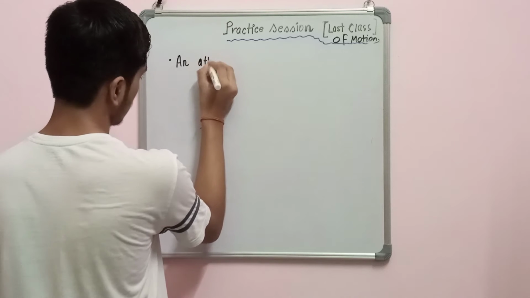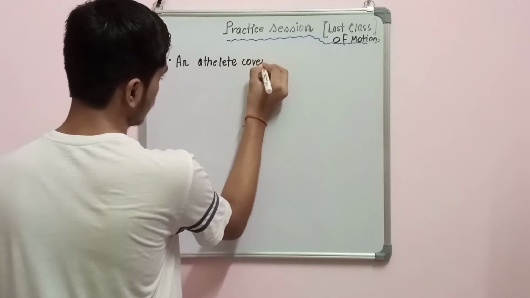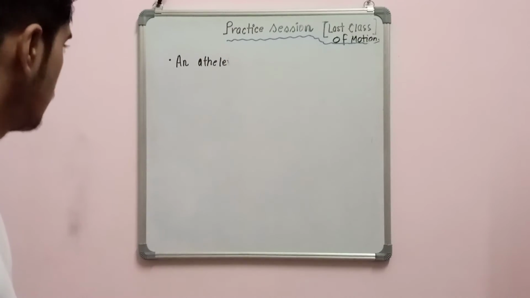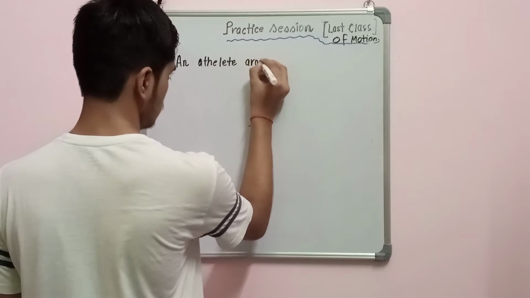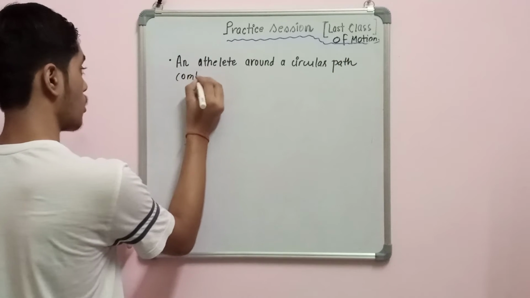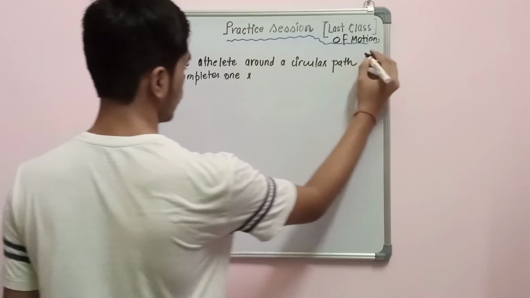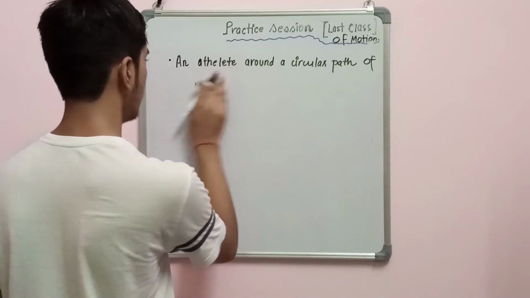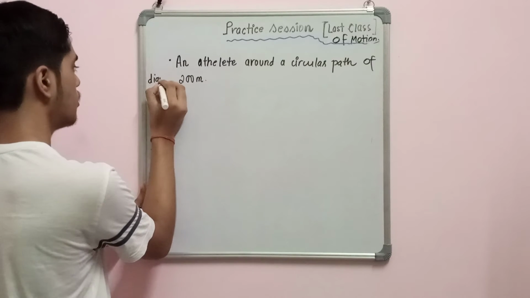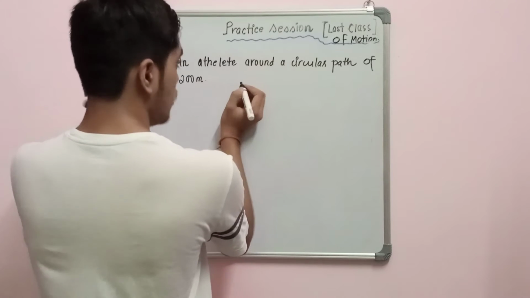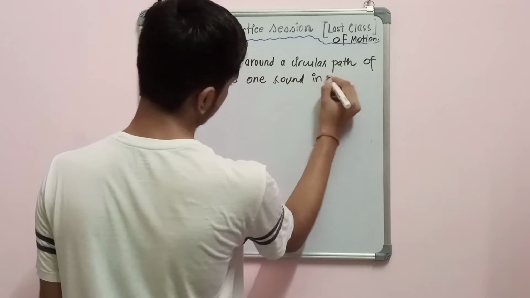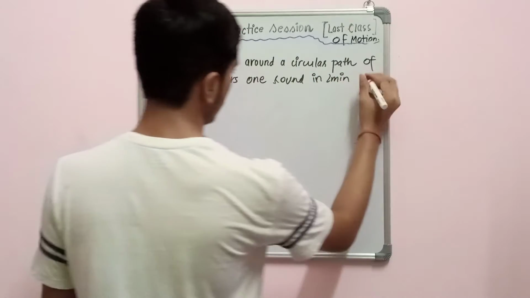An athlete moves around a circular path of diameter 200 meter and covers one round in 40 seconds.